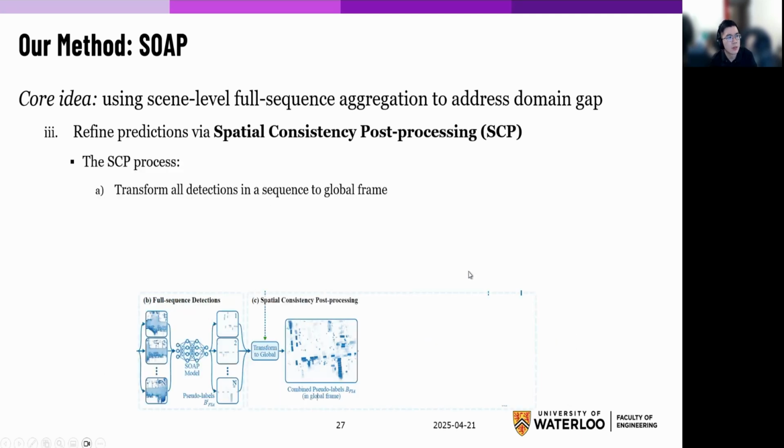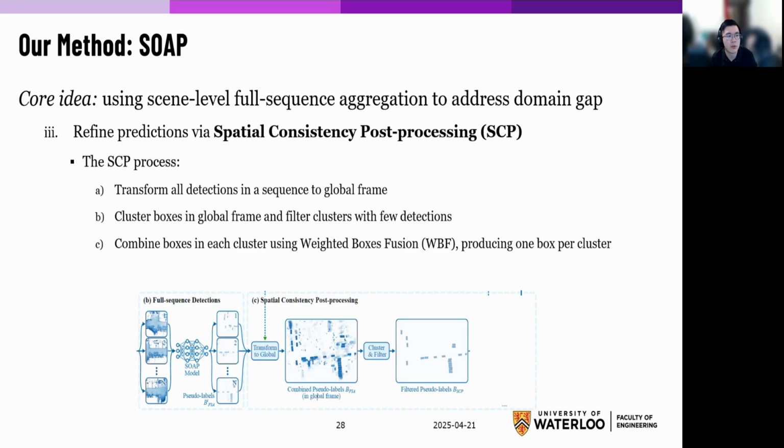So to do that, we first transform all the detections from the previous step, the stationary pseudo-labels, into a certain global frame. We then perform a clustering operation on those pseudo-labels in the global frame to filter out clusters with very few detections. A cluster with very few detections would be an indication of inconsistent detection over time. So we want to keep only the consistent ones.